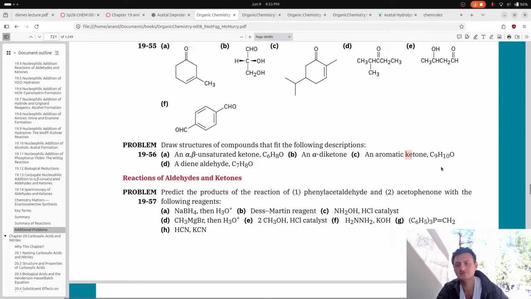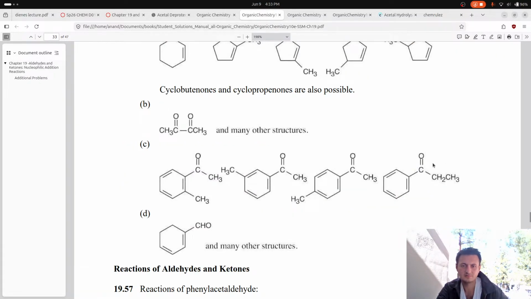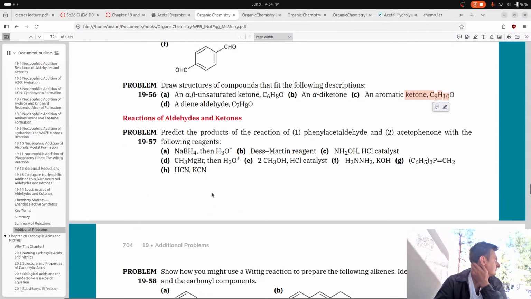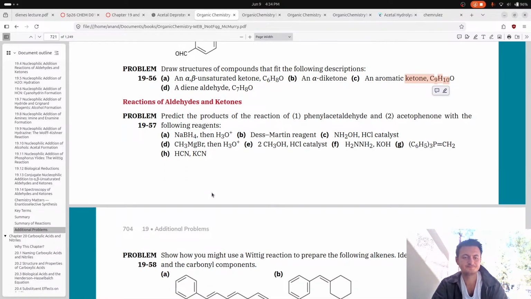Oh, an aromatic ketone doesn't have to be. I see. 3, 7, 10. Okay, that's cool. Yeah, so the main thing is you need rings. If you want to get rid of some hydrogens, you need to add some rings to increase the degree of unsaturation.